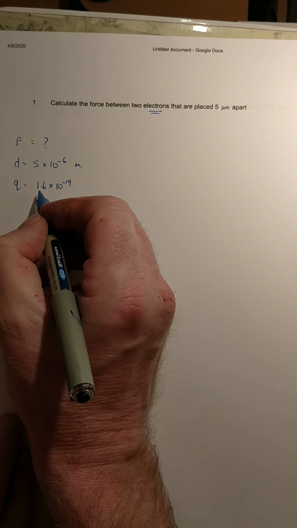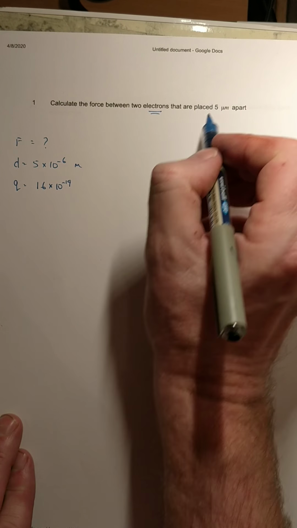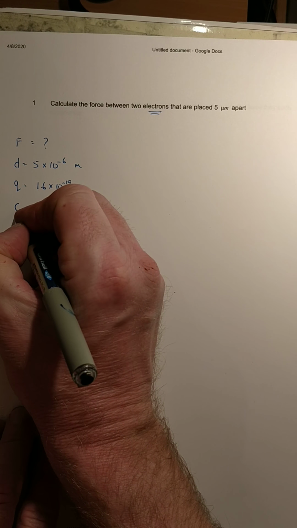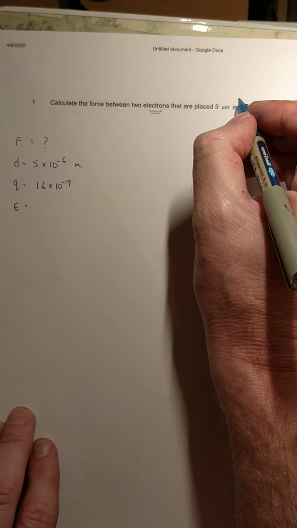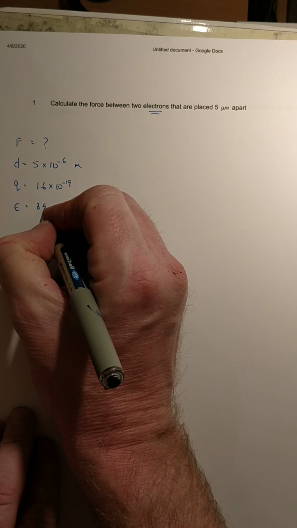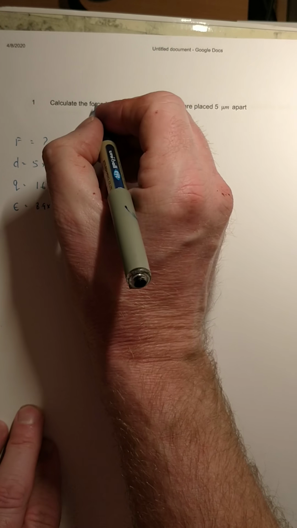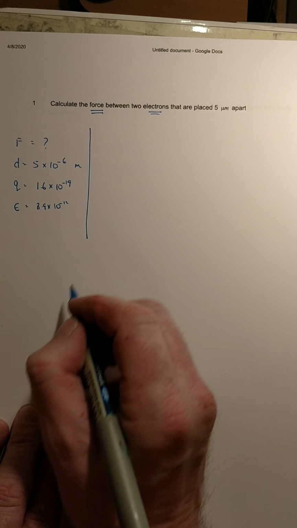Now I'm quite happy here going to 1 decimal place because they've given us to 0 decimal places. Now also remember, permittivity is free space, and we presume it's free space because we weren't taught otherwise. 8.9 by 10 to the minus 12. It's clearly a Coulomb's law question because it's force between charges.